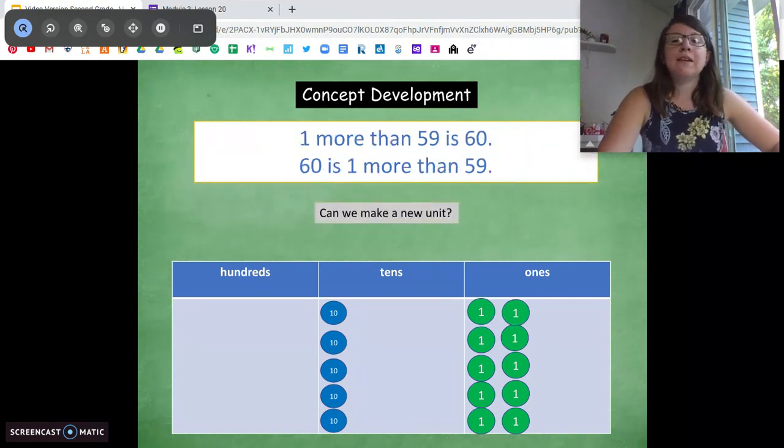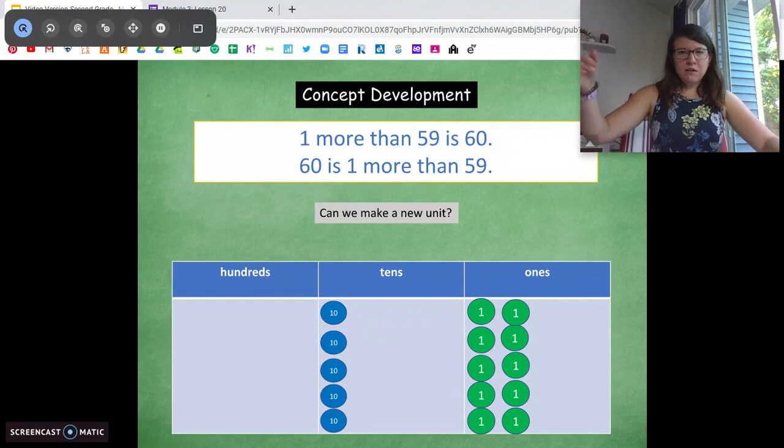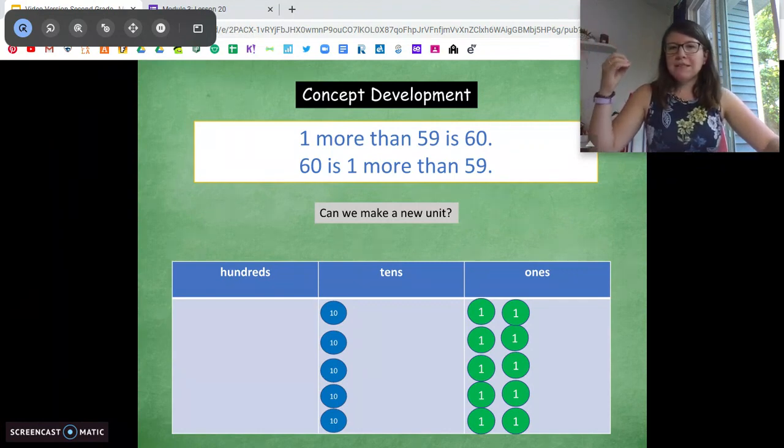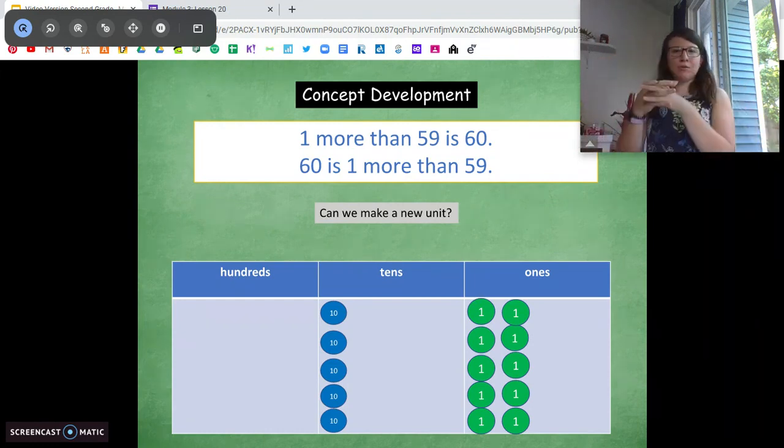Good, we're at 59. Now, when I add another one onto there, one more than 59 is 60, right? 59, 60. Now, when I have those 10 ones in there, can I make a new unit with those? Very good. What can I make?